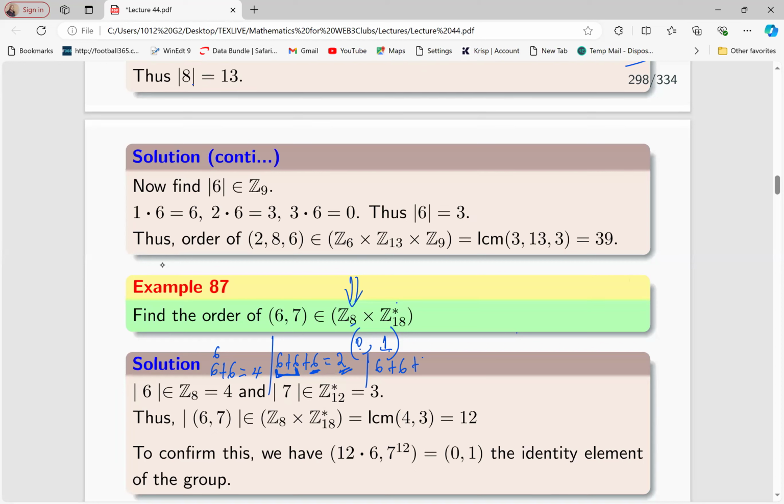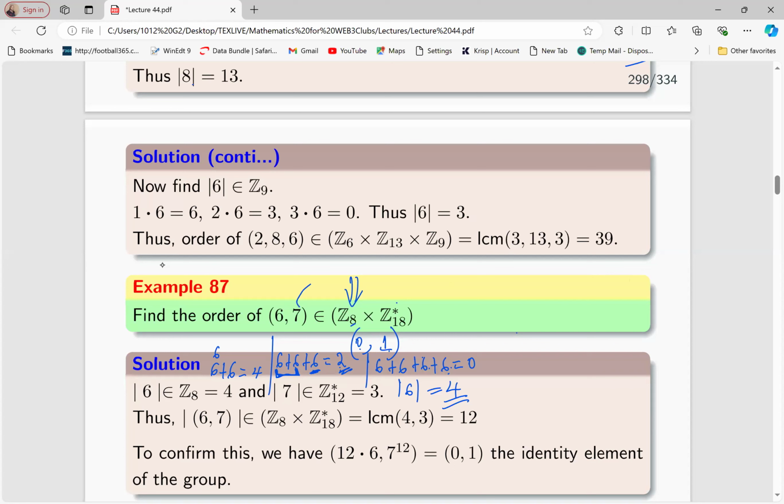So we are doing 6 four times. Now 6 three times is 2, so 6 four times would be 0. And therefore the order of 6, counting 1, 2, 3, 4 times, is 4.